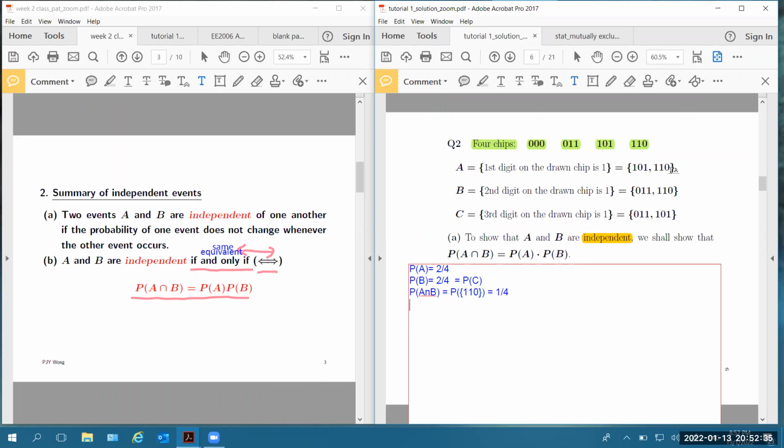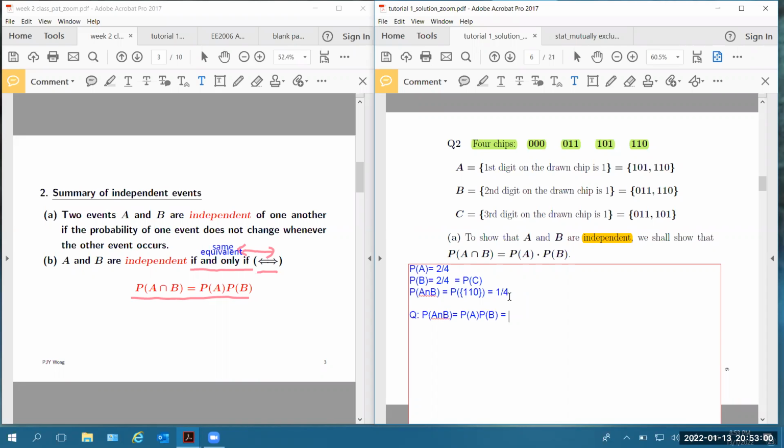Now let me throw you a question. Just now we already found probability of A and B. We found that it's 1/4, right? So can I do it this way? Probability of A and B, can I say this is equal to probability of A times probability of B?